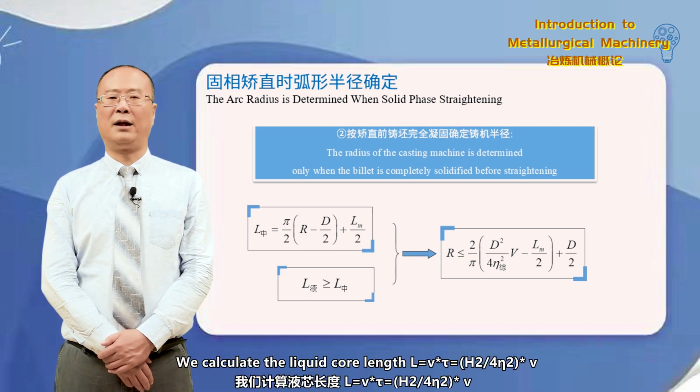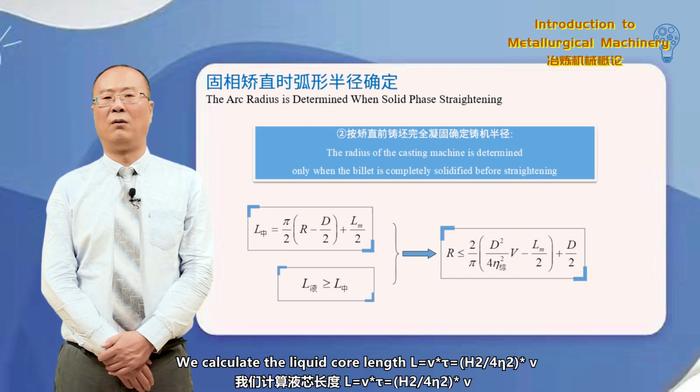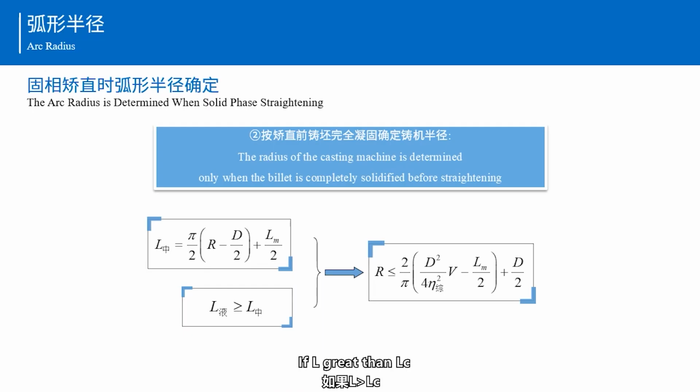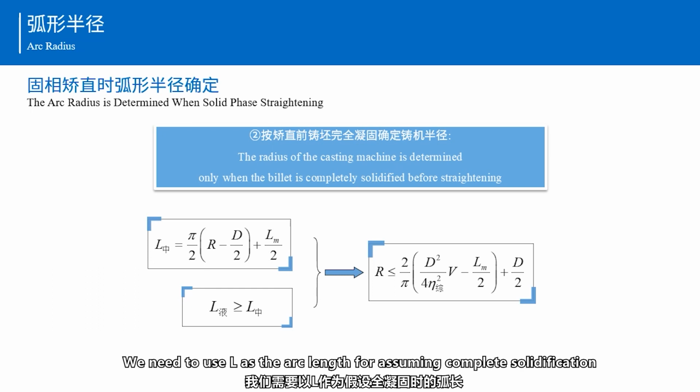We calculate the liquid core length. L = V × τ = (D² / 4λ²) × V. If L is greater than LC, it means the billet is not fully solidified. We need to use L as the arc length for assuming complete solidification.